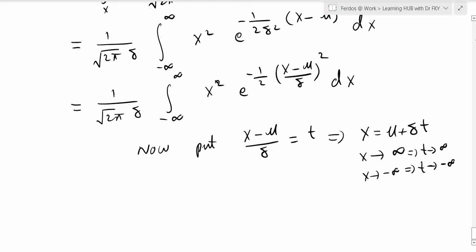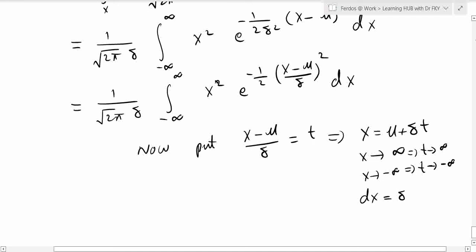And remember that dx, because we need dx as well, is equal to sigma dt. Now just substitute these things and you will get a function.